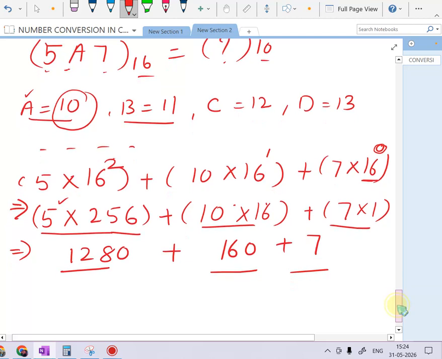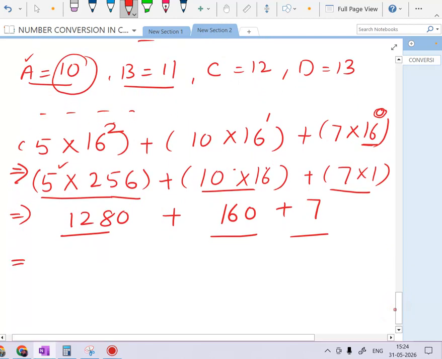Finally your duty is to add them. So please start adding them. Here it is 7, then 6, and then 8, so finally we have got 1447.